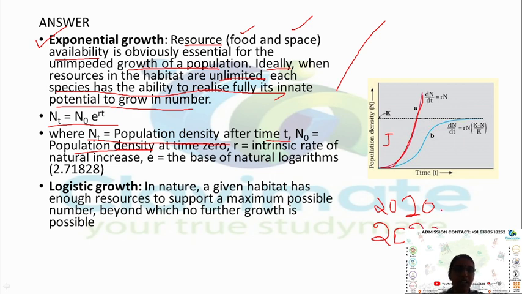The population size here is N0, and population size here is Nt. So you have to calculate this Nt, where t is 3 years.